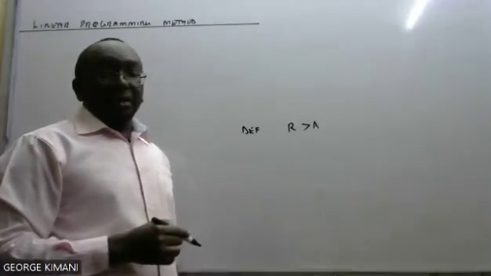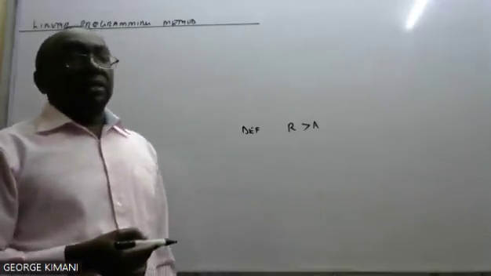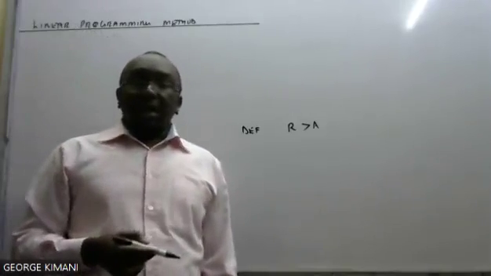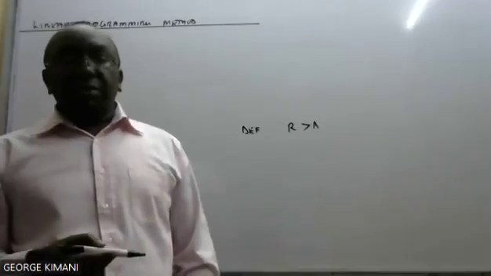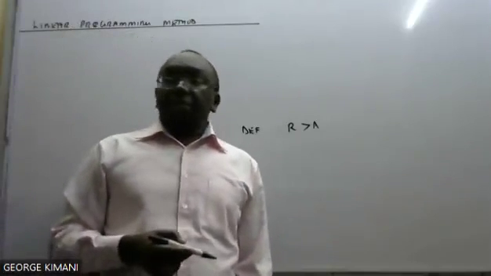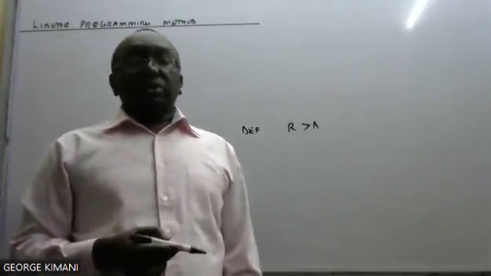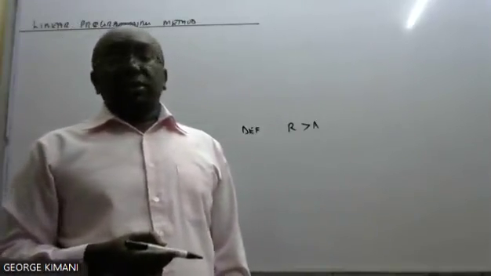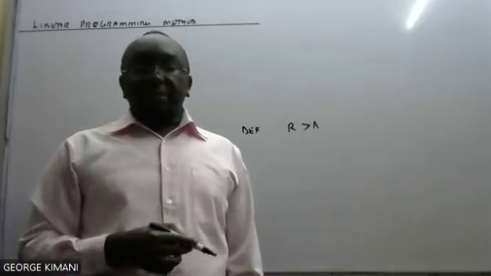Now, linear programming is applicable in very many areas. You can apply it in making what we call product mix decisions. You can apply it in solving game theory problems. You can apply it in capital budgeting decisions. You can apply it in capital rationing decisions and many such other places.